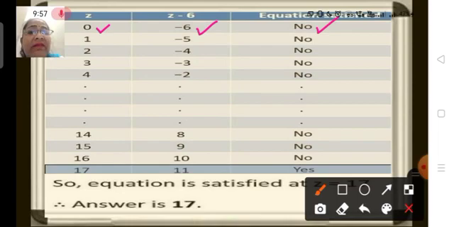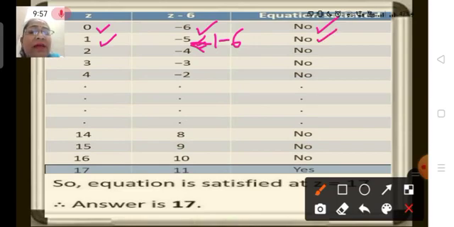Then we will take the value of z as 1. If you take z as 1, we will get z minus 6 as 1 minus 6, which is equal to minus 5. But here we want z minus 6 as 11. Therefore, we can say that z equals 1 does not satisfy the given equation.